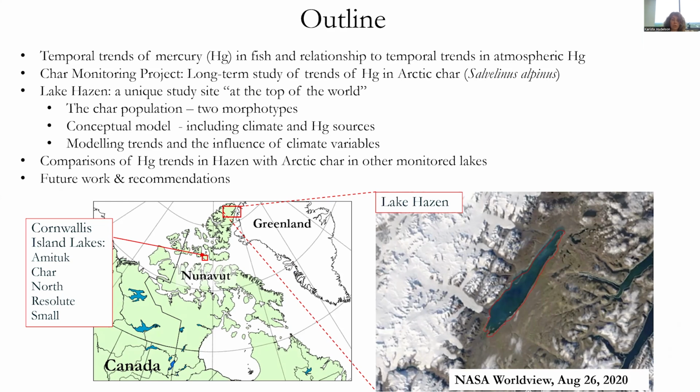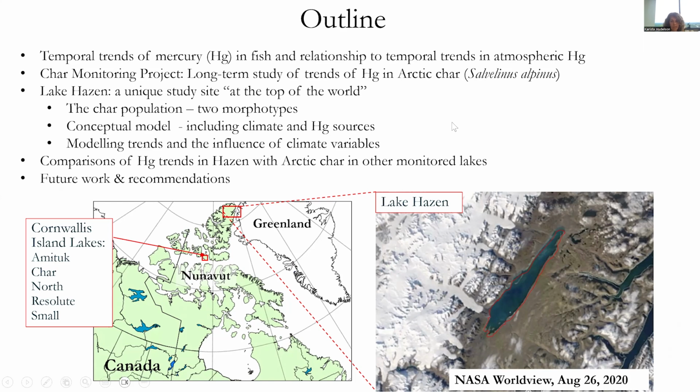It is home to two char, so there's one species of fish, Arctic char, and there's two morphotypes of char in Lake Hazen. So we'll go into more of what that means as the talk moves forward. Our approach for this study was developing a conceptual model to explain trends in mercury concentration in these two morphotypes of Arctic char.